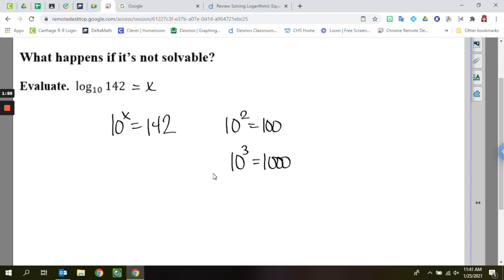So we know it's going to be 10 to the 2 point something. Do we really want to keep trying to gum up with those decimals to get as close as possible to 142? Not really. Because if I'm asking that, there's probably a way that we can work this out. Okay?